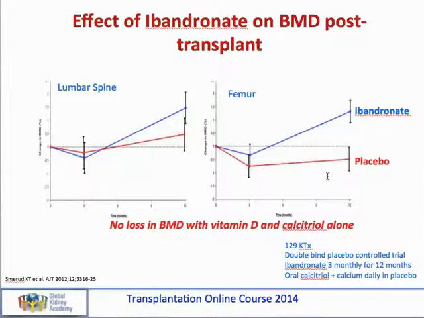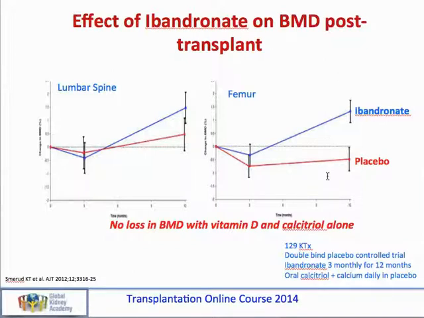This is a more recent study, published a couple of years ago, and a very interesting study. So this was a double-blind, placebo-controlled study with 129 kidney transplants. And patients were given ibandronate 3 monthly for 12 months, and everybody got oral calcitriol and calcium, including the placebo group.